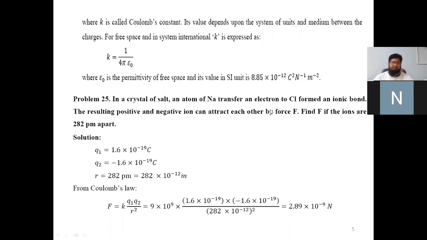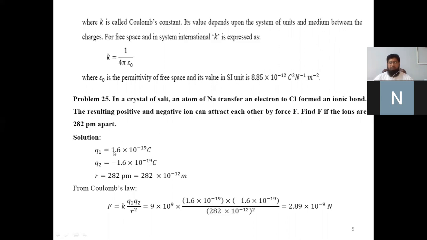As a result, the Q1 electronic charge is 1.6 into 10 raised to power minus 19 and Q2 is minus 1.6 into 10 raised to power minus 19, because in this case sodium Na is positive and chlorine Cl is negative. This is positive, equal to 1 electronic charge positive. This is negative, equal to 1 electronic charge negative.